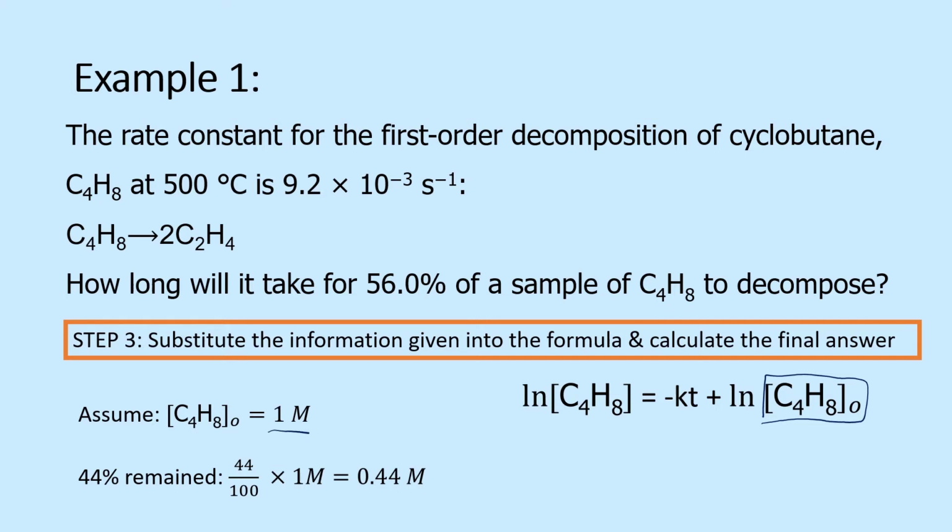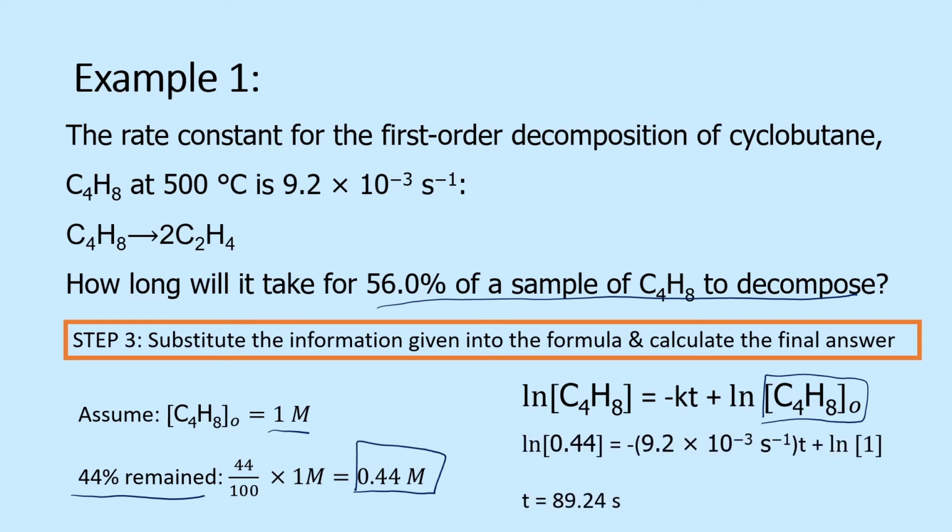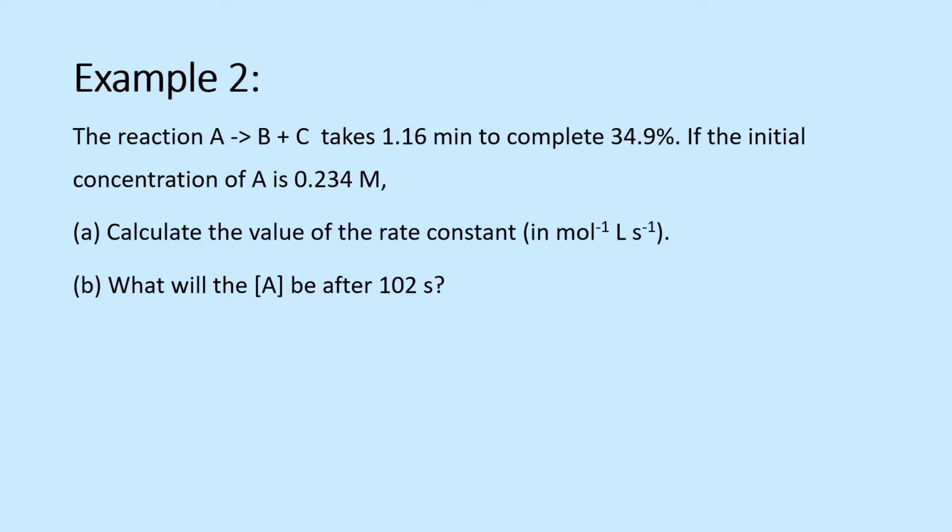And 56% is decomposed, so only 44% of cyclobutane C4H8 remains in the reaction after the time t. That 44% is equal to 0.44 molar of cyclobutane C4H8 remaining after the time t. With that, we can substitute into the formula to give us the time, 89.24 seconds.